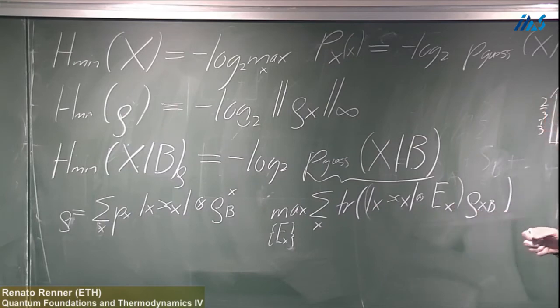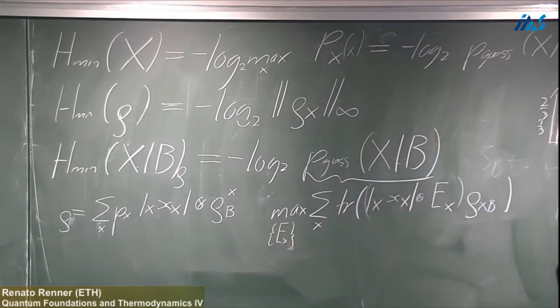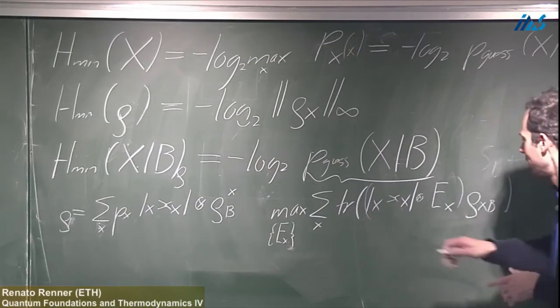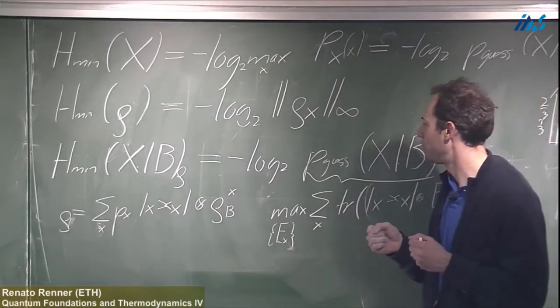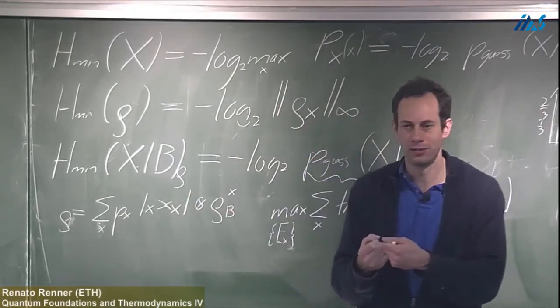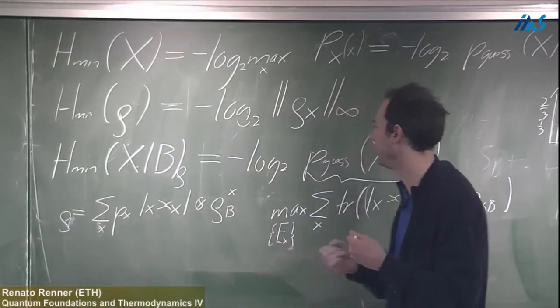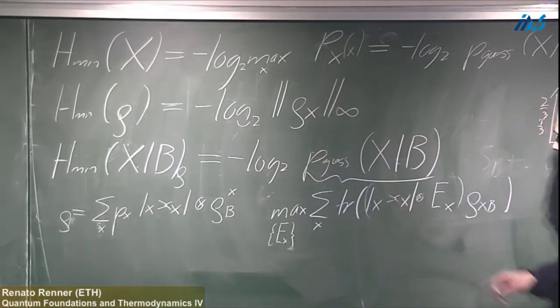So it's like carrying out a measurement on B and making a guess for x. And I optimize over all possible measurements. Of course, the best measurement gives the best strategy for guessing x. So this is just a way to write formally what it means to try to guess a value x if you have access to a quantum system B, and to maximize your probability of correctly predicting the value x. You can easily verify that this is that thing.